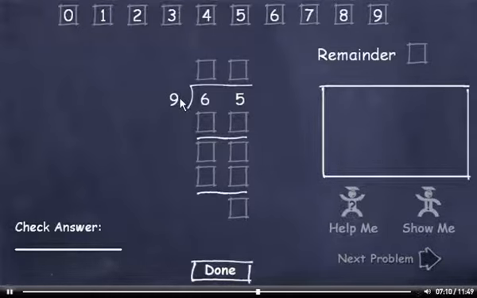65 divided by 9. 9 can't go into 6, but it can go into 65 7 times. Seven times 9 is 63.